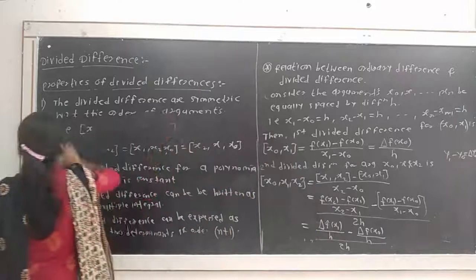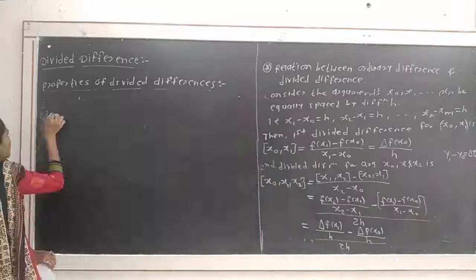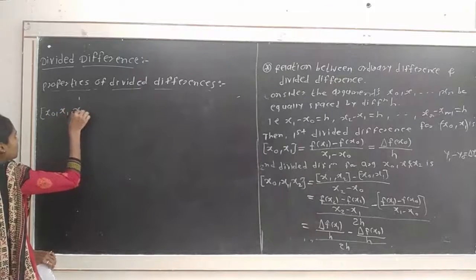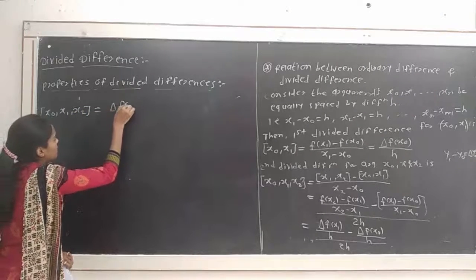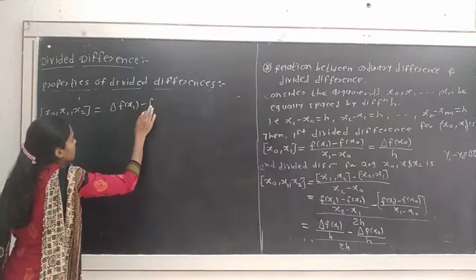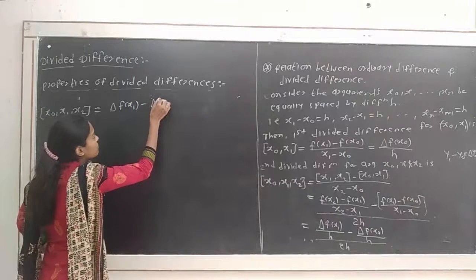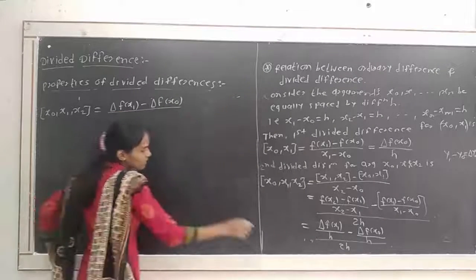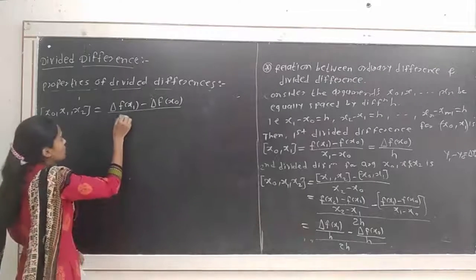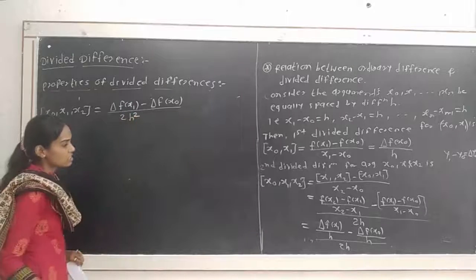Then we simplify. The divided difference of x0, x1, x2 is equal to delta f of x1 minus delta f of x0, divided by h into 2h, that is 2h square.